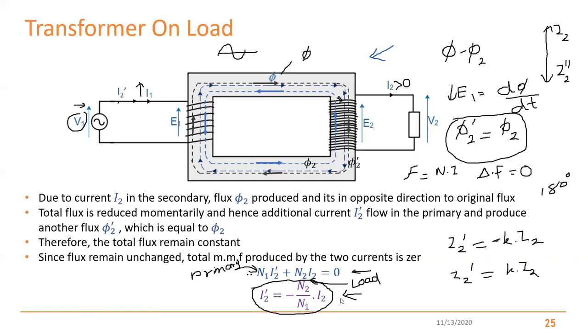From that you can identify that I2 dash equals minus a constant times I2. That means if you consider the phases, I2 and I2 dash are out of phase by 180 degrees, totally in opposite directions. Those are the things you have to understand about transformer operation under on-load condition.